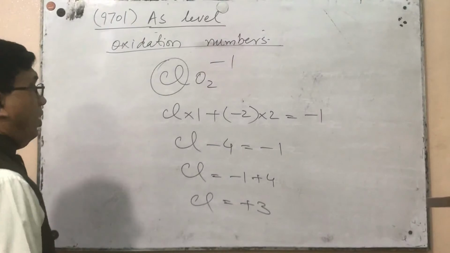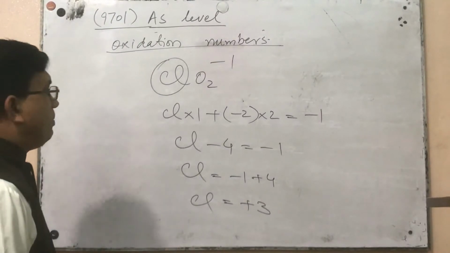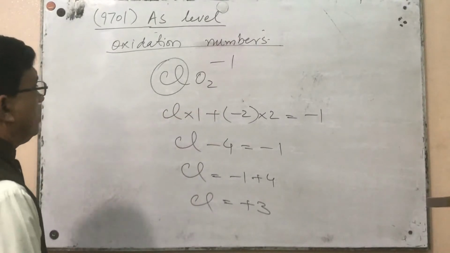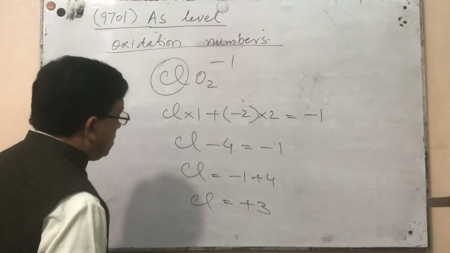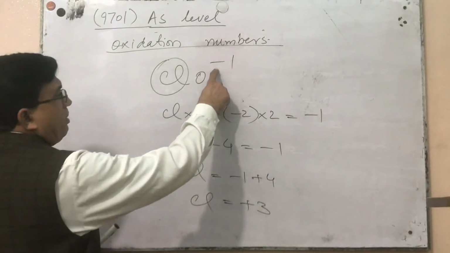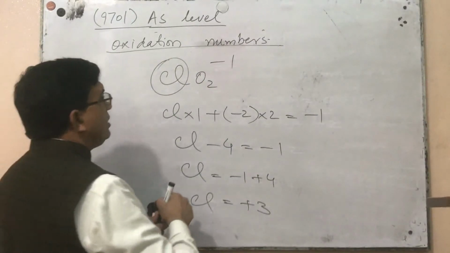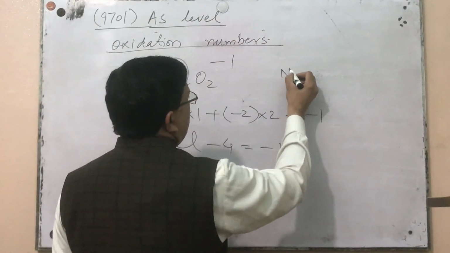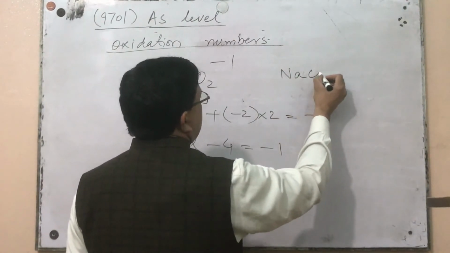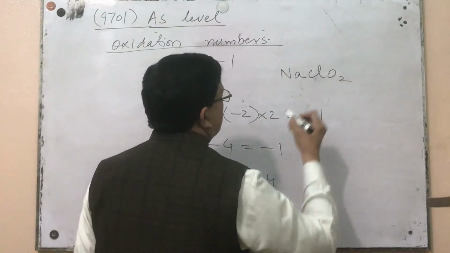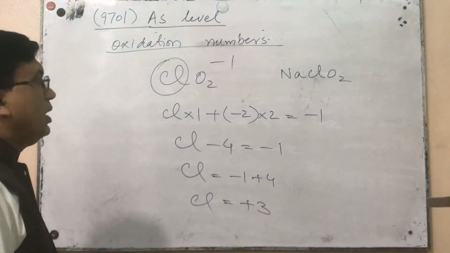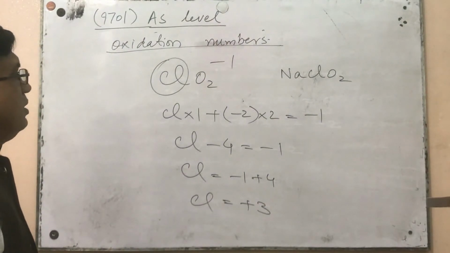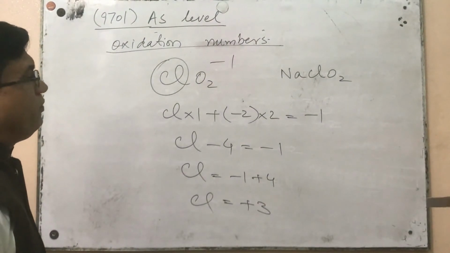Now, how can we name the different compounds? This is our formula of chloride, oxychlorides. By balancing this -1, I can write here, for example, sodium NaClO2. Now, how will I mention the name of this compound?